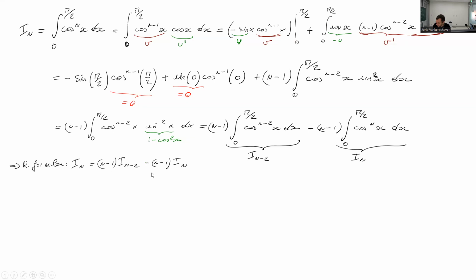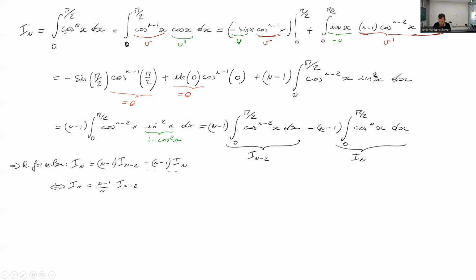And now we can take this term and bring it to the right-hand side and solve for I_n. And if you do that, you'll find that I_n is equal to n minus 1 divided by n times I_{n-2}. And this is useful because, again, it allows you to write down what the integral is for different values of n.